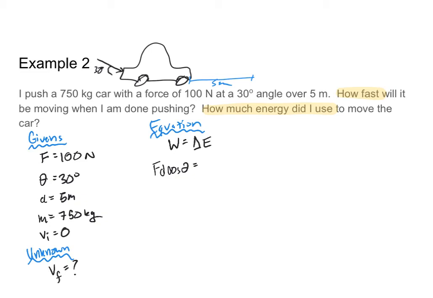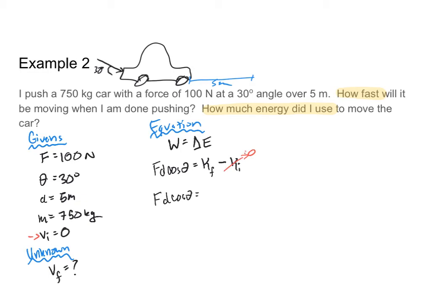And then I know that I have kinetic energy at the end, and in the beginning I also have kinetic energy, though in this case, spoiler alert, it's 0. So expanding this out one more time, I know my force times my displacement times the cosine of my angle, and I'm going to cross off that kinetic energy because it is equal to 0.